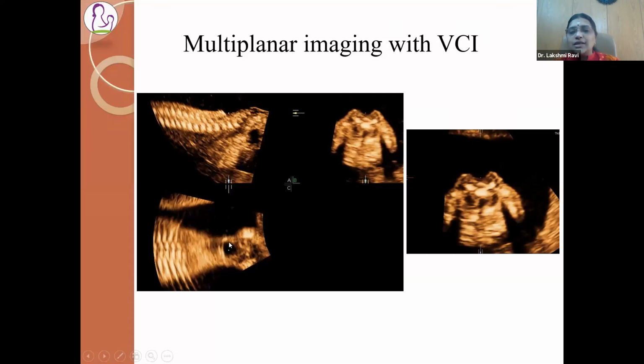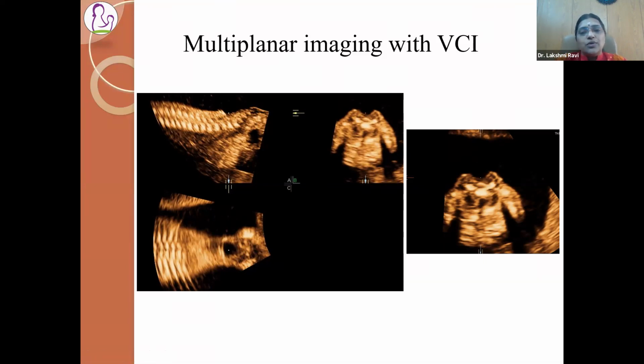In fact, in the coronal section, you see the pit, and you can also identify the widening of the lateral pedicles of the spine, the divergence or the U-shaped spine, and you see the crater so clearly brought out at the 13 weeks or 14 weeks scan.